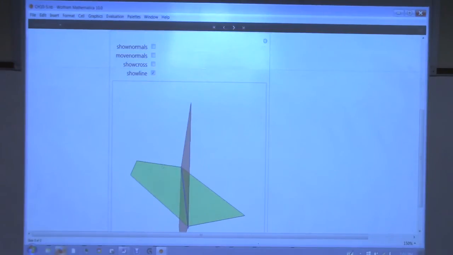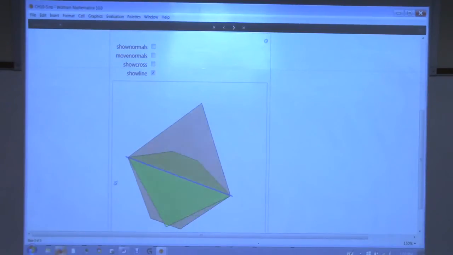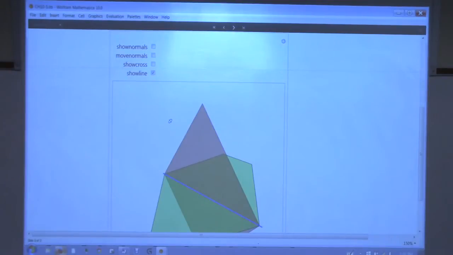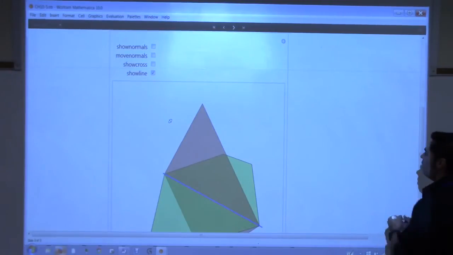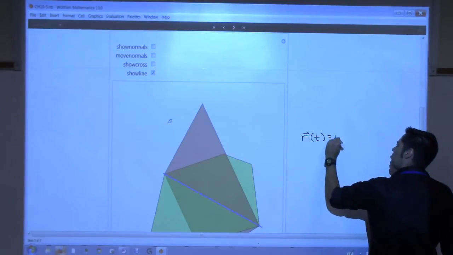Since it's a line, I should be able to find the vector equation of it. That's what we did last class. There should be some vector equation for this line, and all lines, when written in vector form, can be written this way.